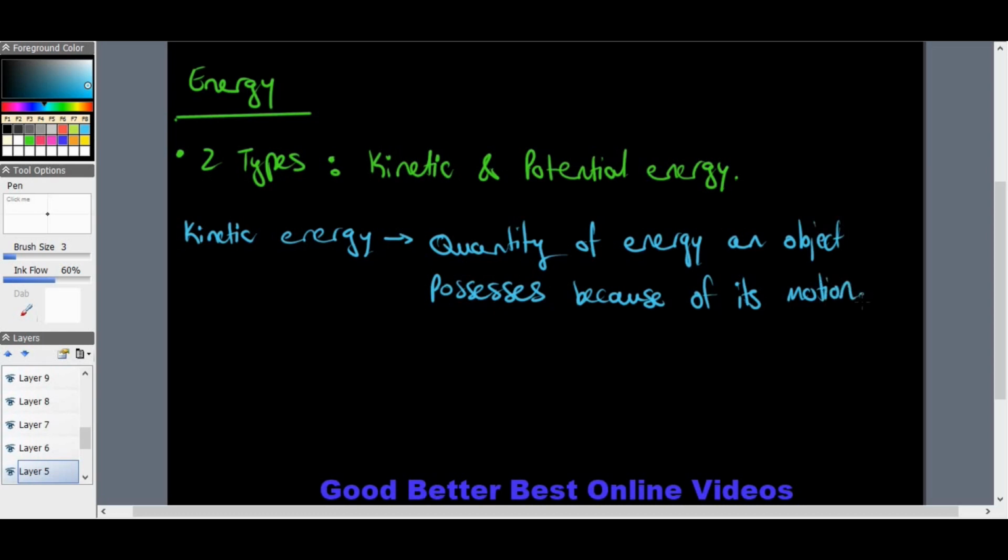So it's the energy of a moving object, essentially. That's what kinetic energy is: the energy an object has due to movement.